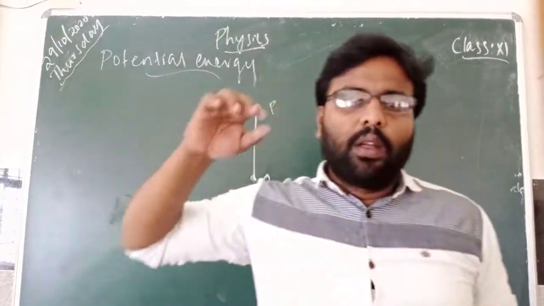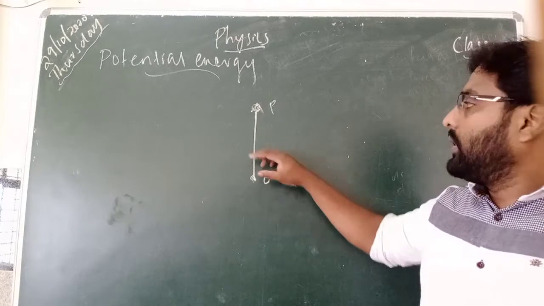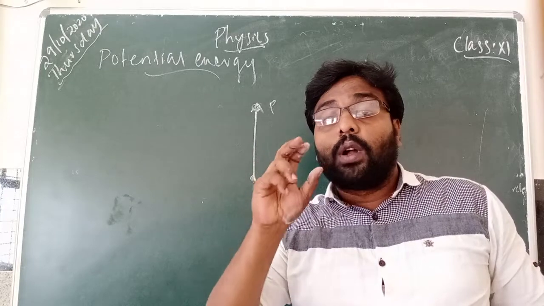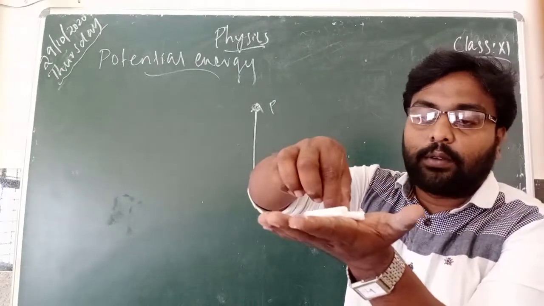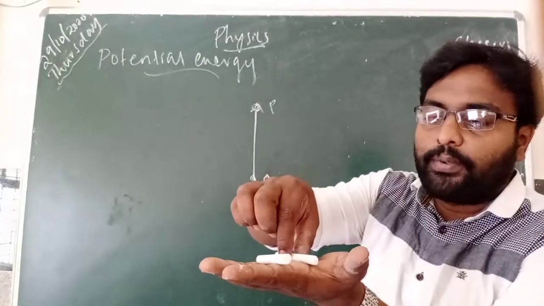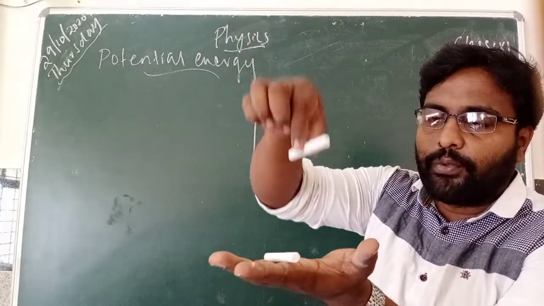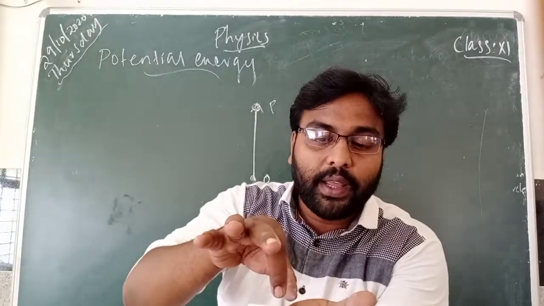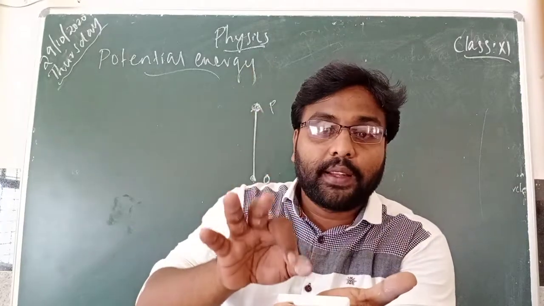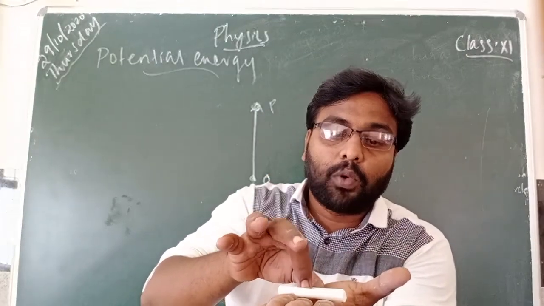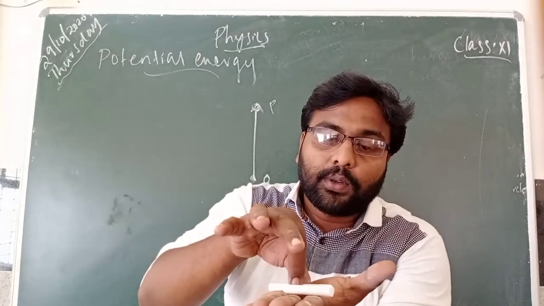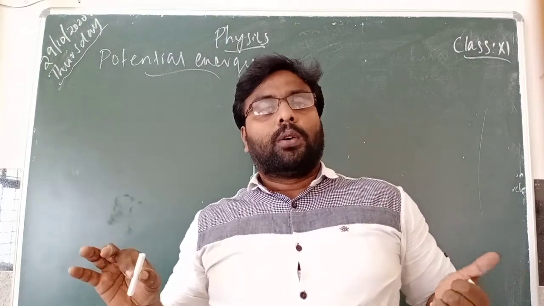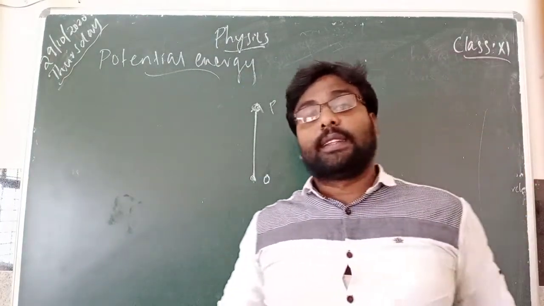So from the point O, the object is lifted upward. If you want to lift this object upward, some force has to be applied. When I apply the force on this object, some work is done, and the object is displaced. So this is what we call potential energy.